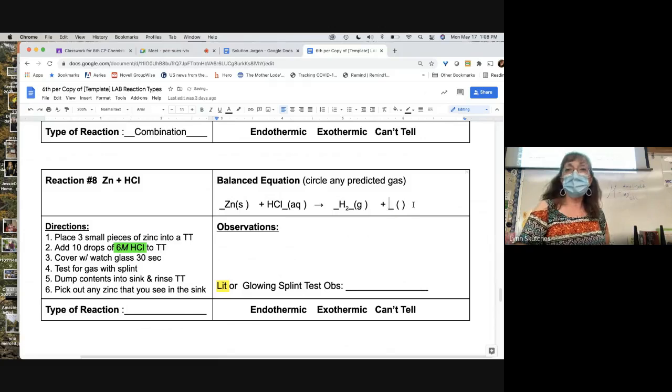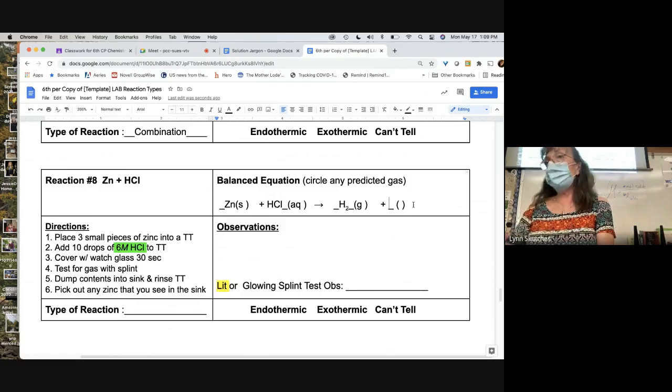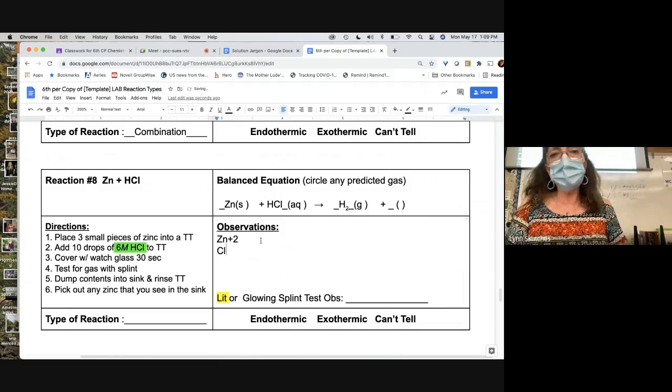Question is, what else formed with it? Well, there's zinc and chlorine left over. If you look on your periodic table that has the charges, you'll see that zinc is the +2. Chlorine's always a -1. Chloride ions are -1.